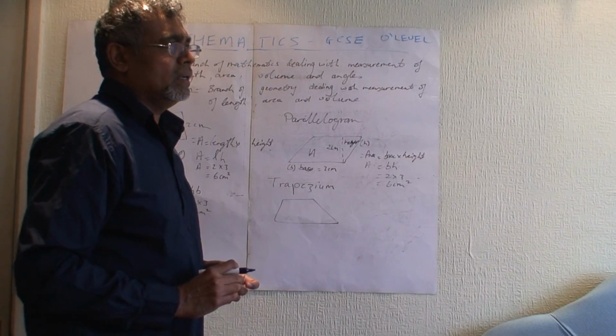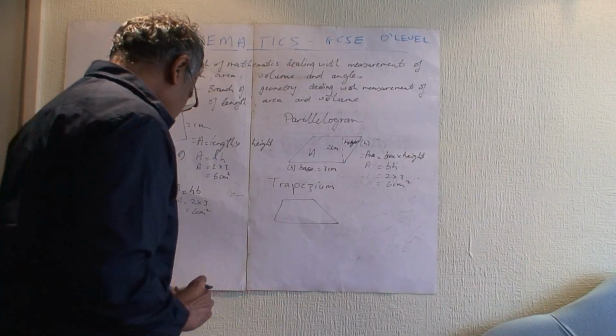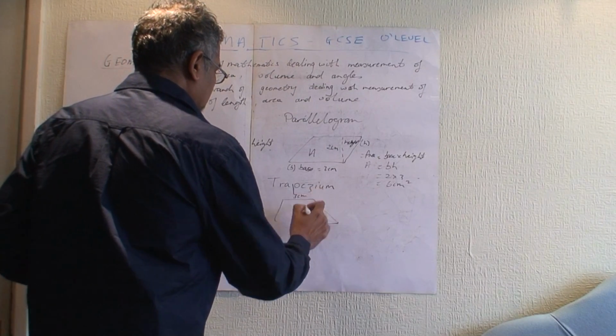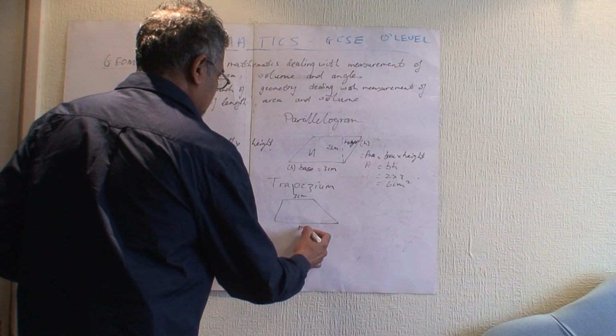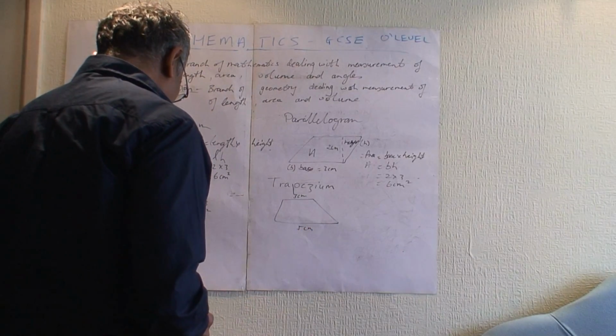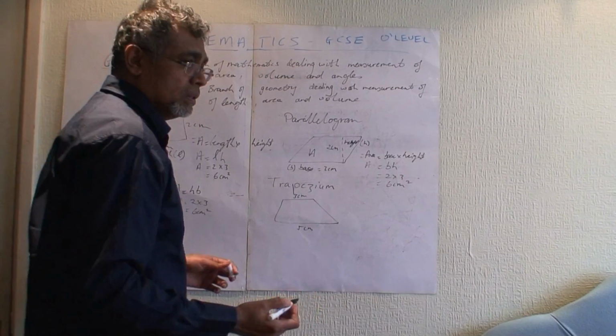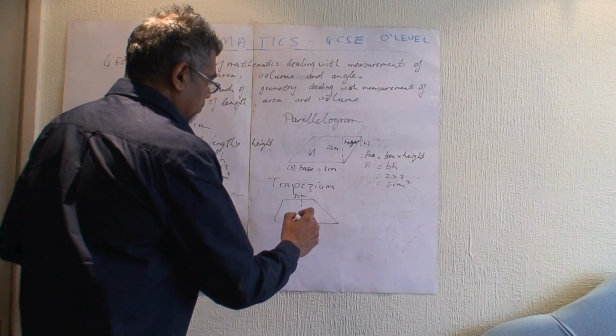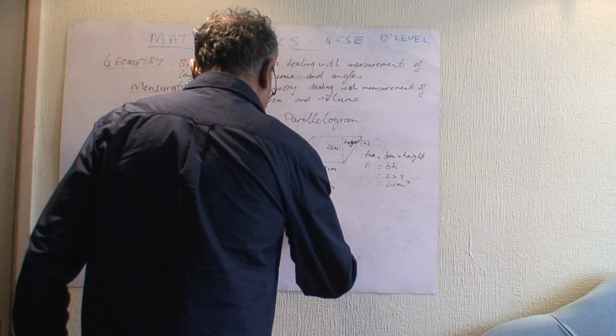They are parallel but they're not equal. So let's say the length from here to there is 3 centimeters, and the length from there to there is 5 centimeters. And say we know the height as being 2 centimeters.